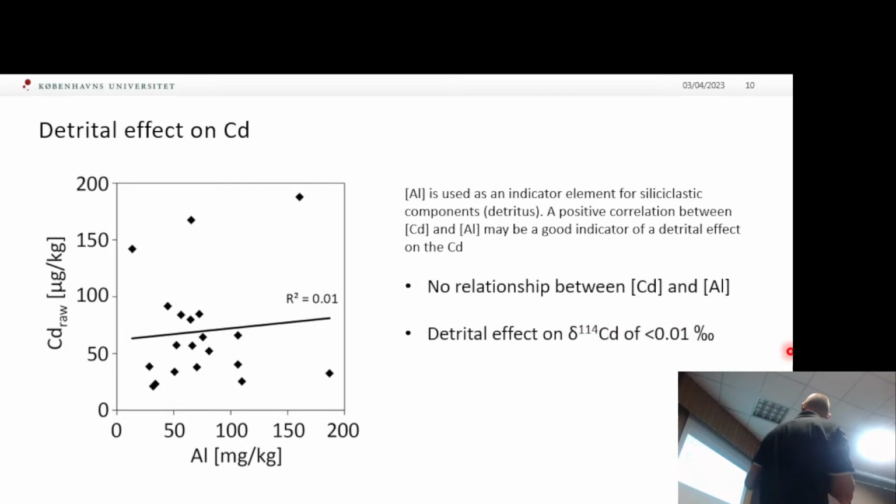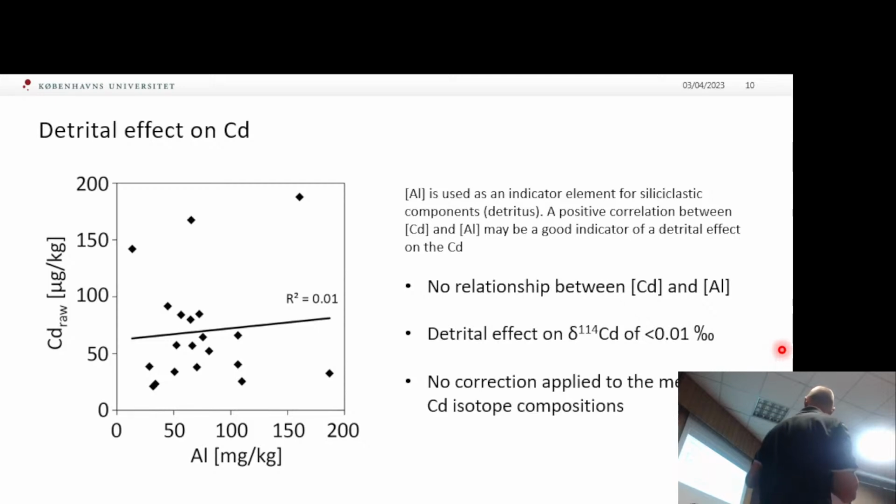And then we used a special formula that is also used for chromium to calculate the detrital effect on cadmium, and as you can see, it's less than 0.01 per mil. So we haven't made any correction to our cadmium.